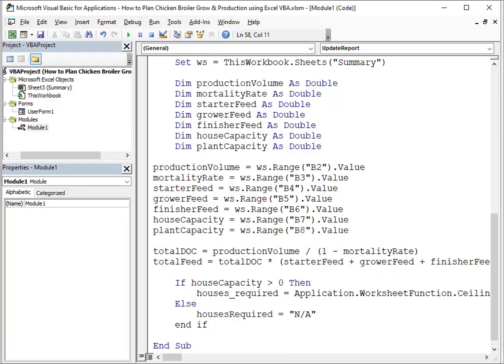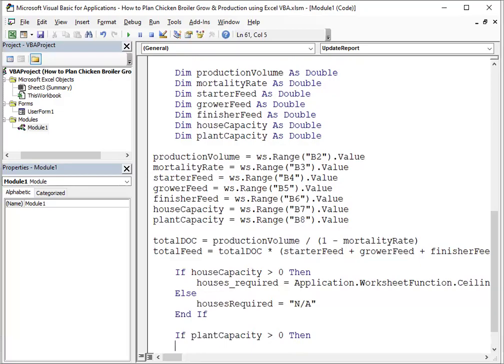Then I'm gonna do another condition. If plant capacity is greater than 0 again, then processing hours is equal to production volume slash plant capacity.